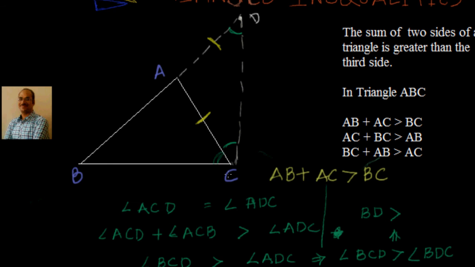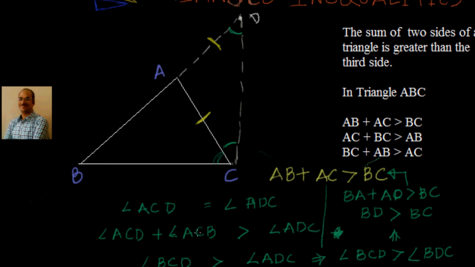So BCD opposite is BD, which will be greater than angle BDC opposite side BC. So BD will be greater than BC. But you know BD is nothing but equal to BA plus AD, and you know AD equal to AC because it's an isosceles triangle. That's how you can prove BA plus AD greater than BC. That is nothing but BA plus AC greater than BC.